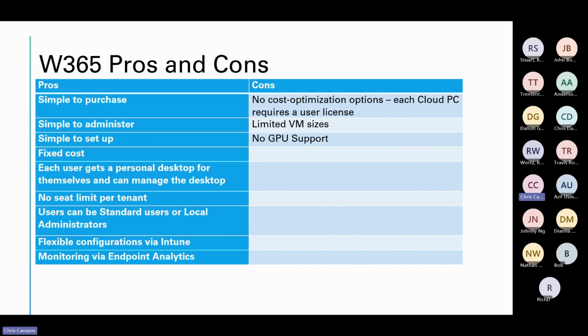Now, you have a lot more options than you did even 6 months ago when picking a VM size for Windows 365, but you don't have the tons of options that you have picking a VM size for an Azure VM in AVD. And then this is coming up a lot more now, GPU support, which you don't have yet in Windows 365.